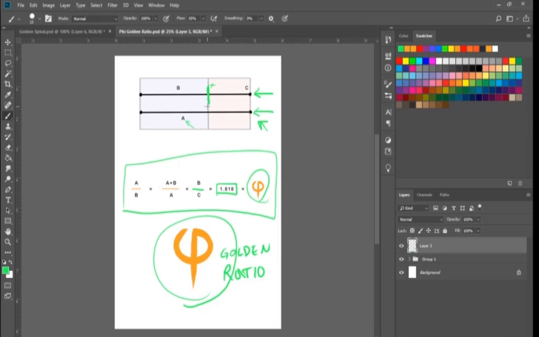If this division point is placed correctly, A divided by B also equals B divided by C, and there's only one point on that whole entire line that can provide that perfect ratio, and this is known as the golden ratio.